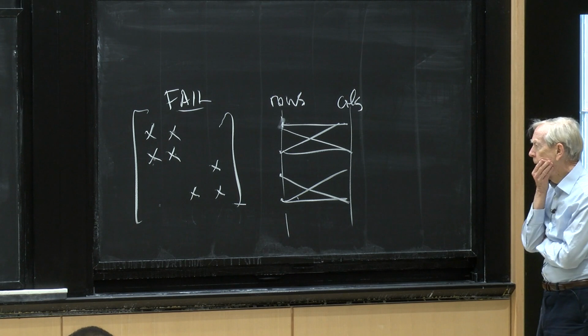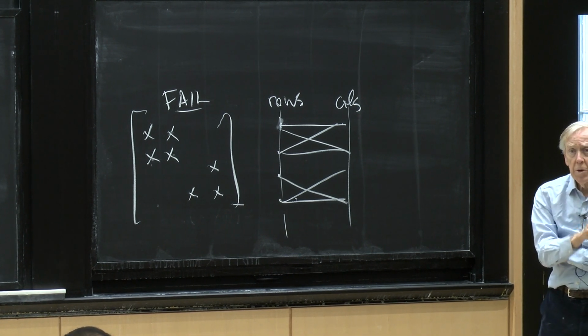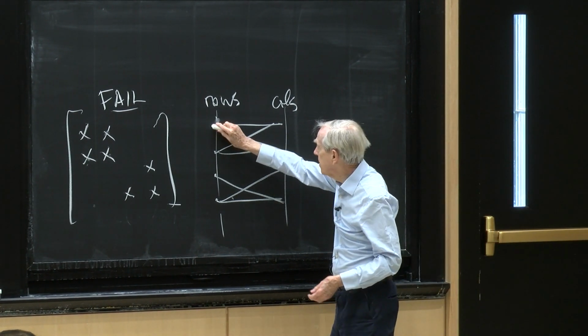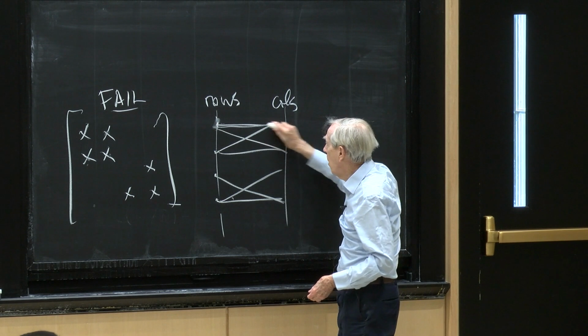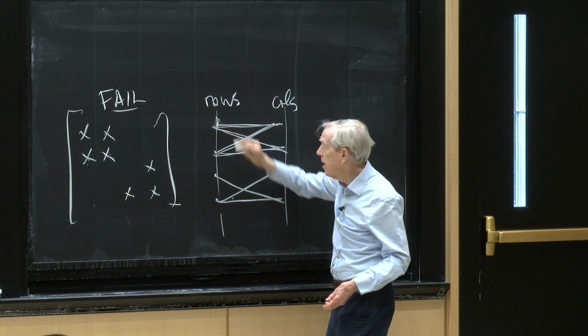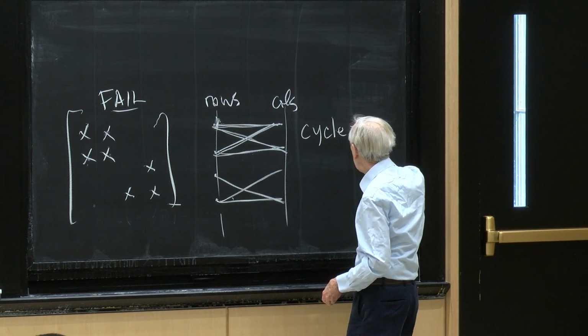And that's a failure. And the reason it's a failure is that I have here a cycle. If I go across, down, I come back where I started. That would be a cycle equals failure.